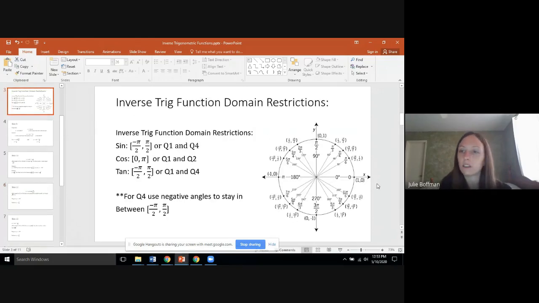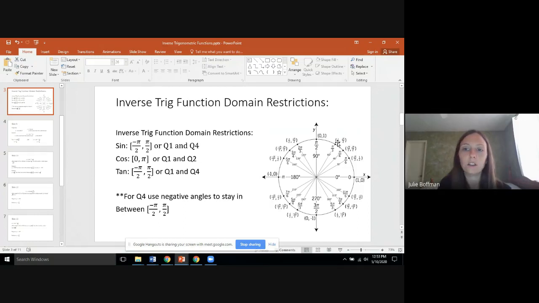Tangent is only positive in quadrant 1, so we don't even need to look at quadrant 4. Just look at quadrant 1, because these are the positives for tangent, and look for where y/x would be √3 over 1. That would be at π/3 or 60 degrees, right?